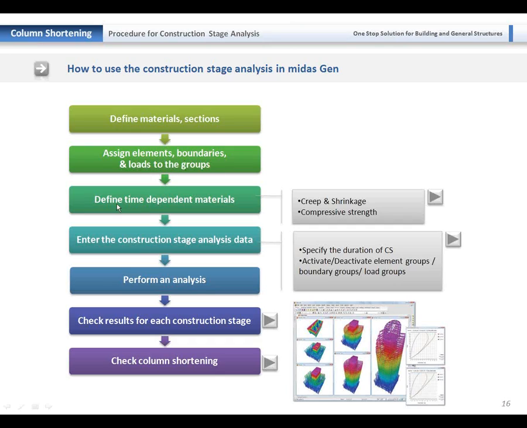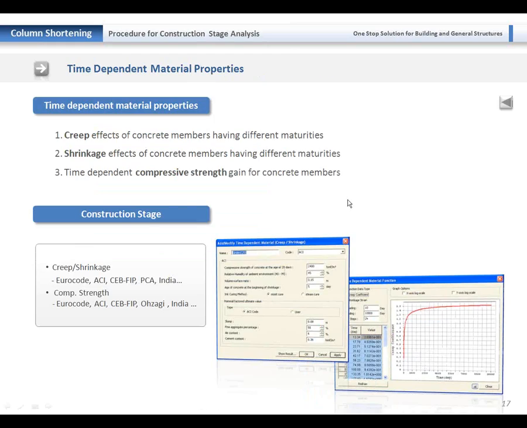And then we define the time-dependent material. If we go to the corresponding page, for the time-dependent material we can consider three things: creep effect, shrinkage effect, and the time-dependent compressive strength. Those can be assigned by a user-defined function, or we can use the database as well.